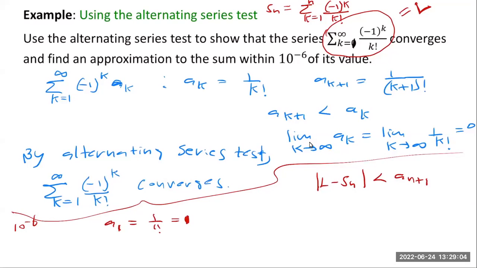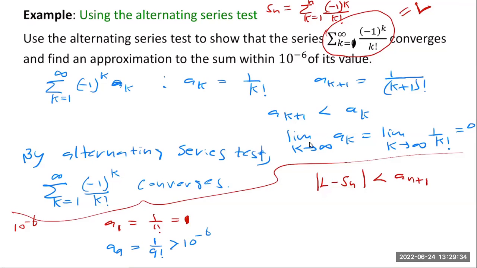If you try A9, this is going to be 1 over 9 factorial. If you calculate this using a calculator, you will see that this is bigger than 10 to the power minus 6. But remember, I want this quantity to be smaller than 10 to the power minus 6, because I want my sum within 10 to the power minus 6 of its original value.